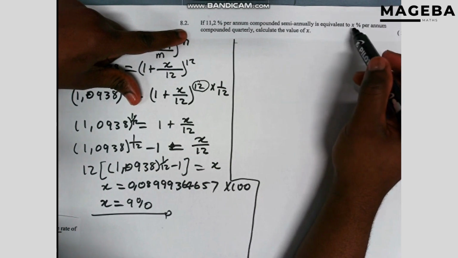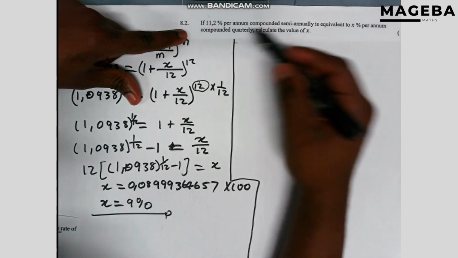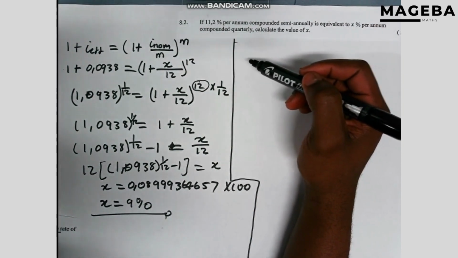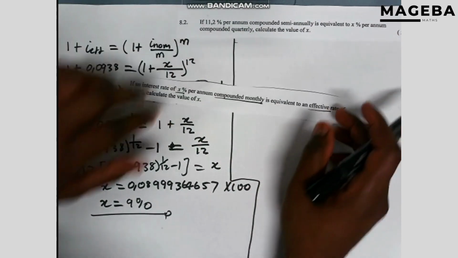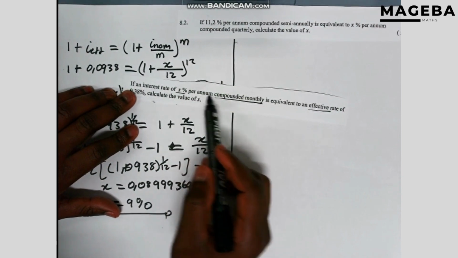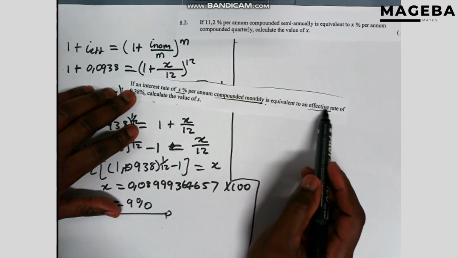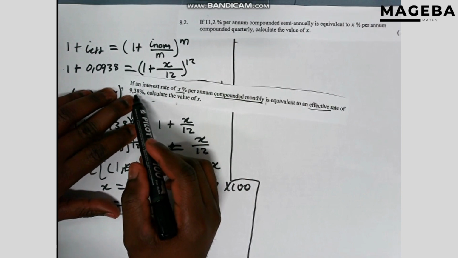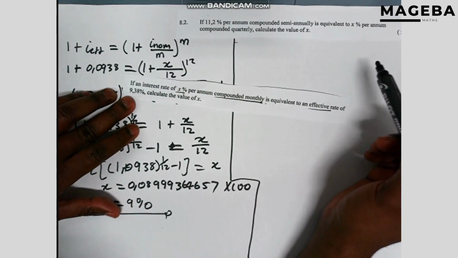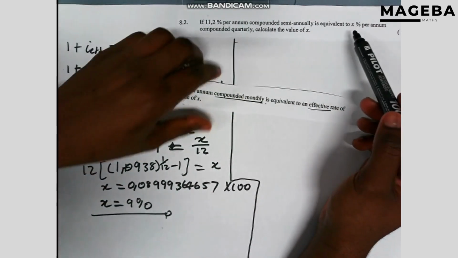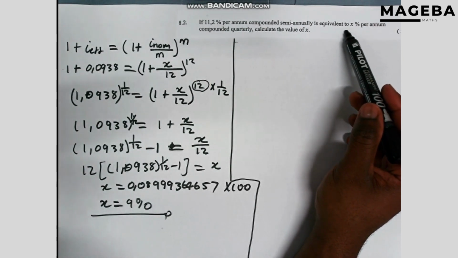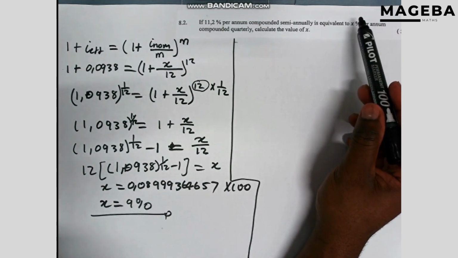Now remember, in this statement here, if the interest rate x per annum compounded monthly is equivalent to an effective rate of 9.38%, we are looking for what? For i nominal here. So from here, our x that we are looking for is i nominal. But we have compounded semi-annually first, and then we have compounded quarterly.